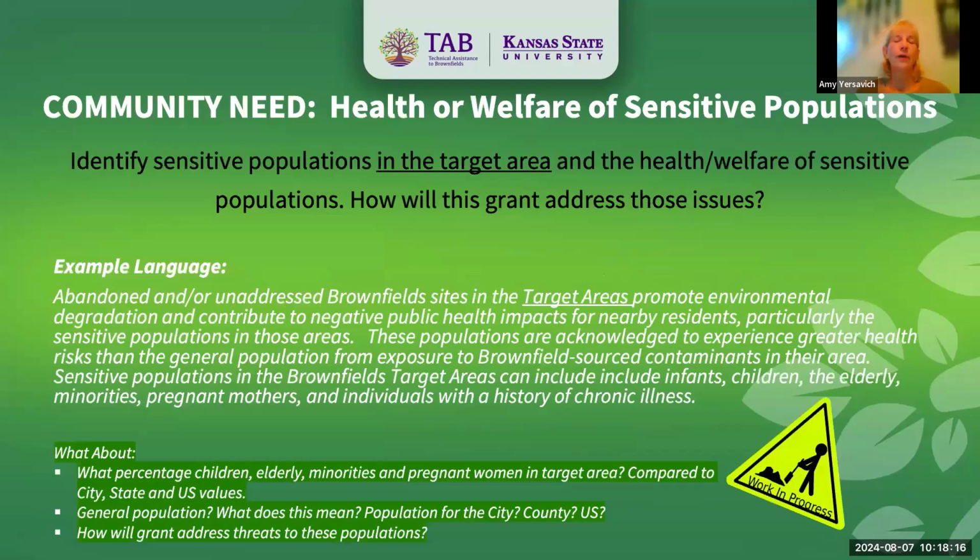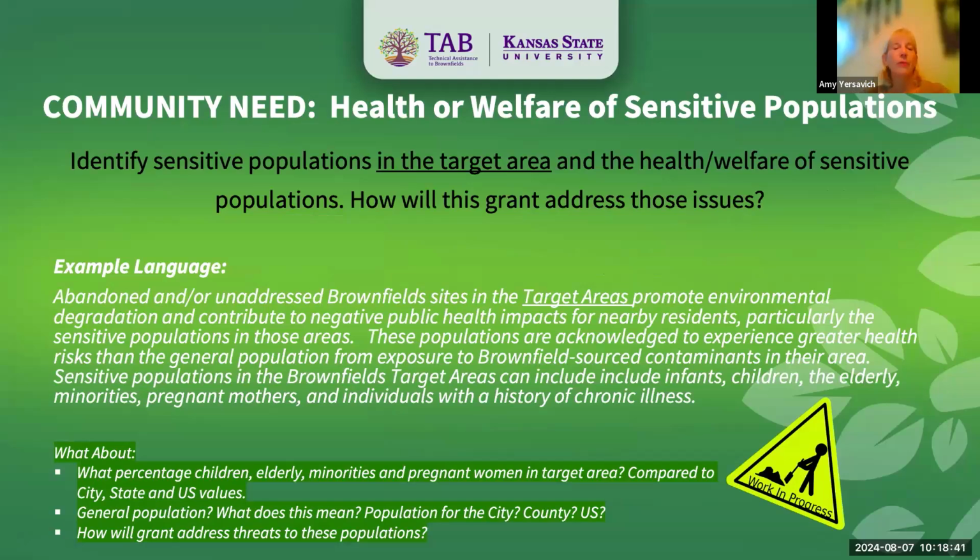So you've identified your sensitive populations, and that is elderly, children, single family households, pregnant women. And now you want to take a look at the health or welfare of these sensitive populations. So how will the grant address these issues?